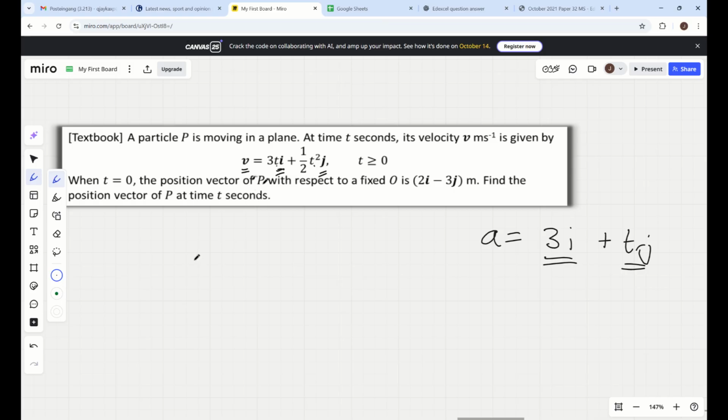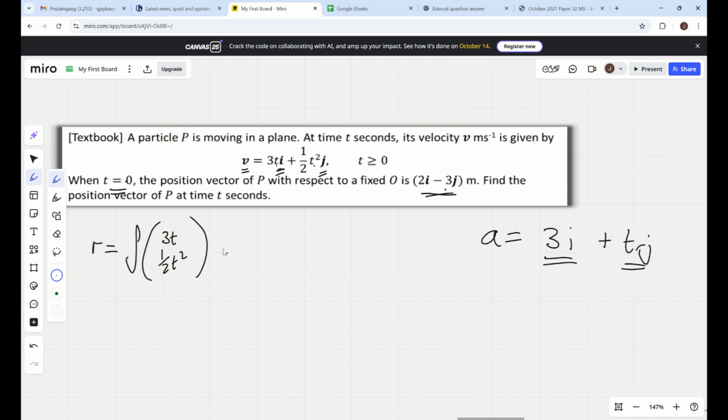So that's the velocity. The position vector with respect to p is, what's this? Oh, so these two things go together, don't they? At time equals 0, the position vector, the displacement, if you like, is this. So this is going to help me when I integrate. So what I'm going to do is integrate 3t and half t squared, because if I integrate that, that will give me my displacement.